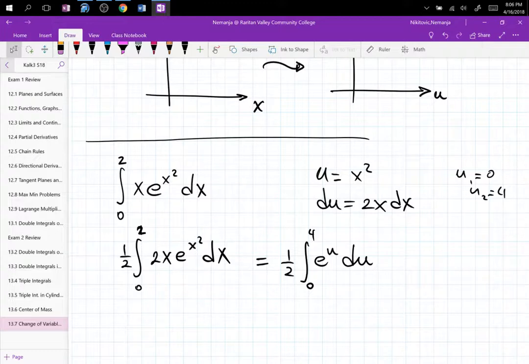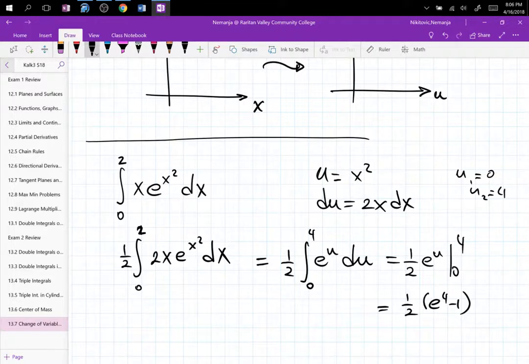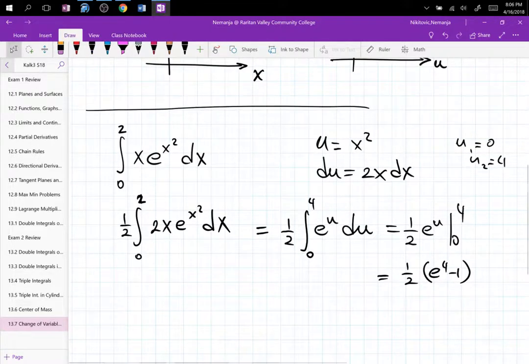So we transformed the x-axis into the u-axis, and we transformed the function into a different function. It's a complete change. And now we have e to the u from 0 to 4, which gives us 1/2 times e to the 4 minus 1. And that will be the answer.